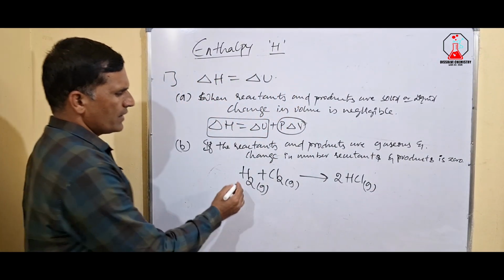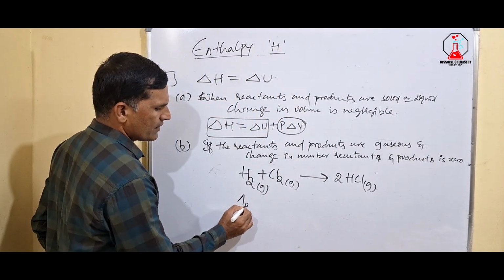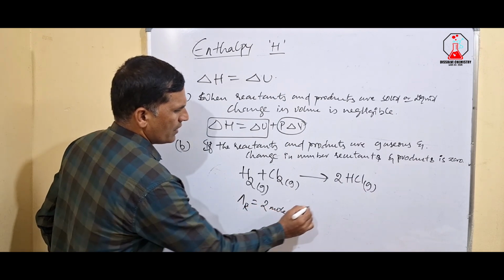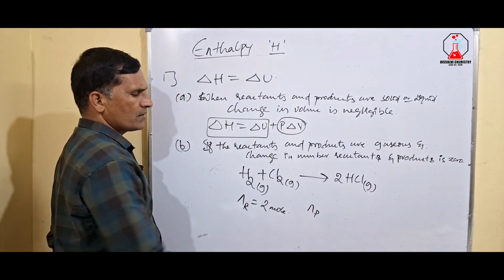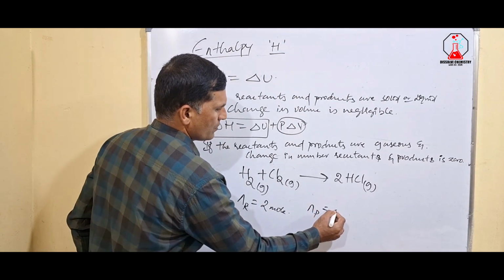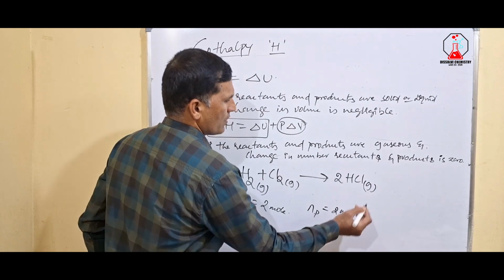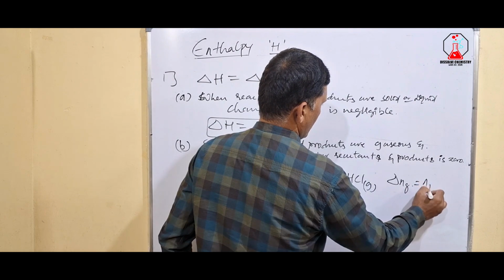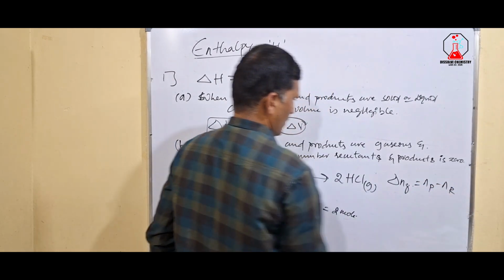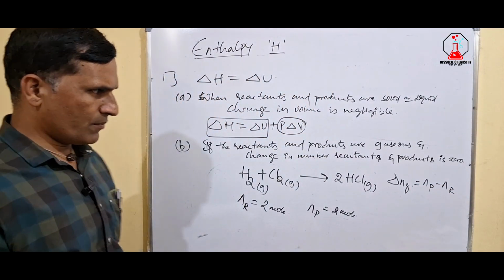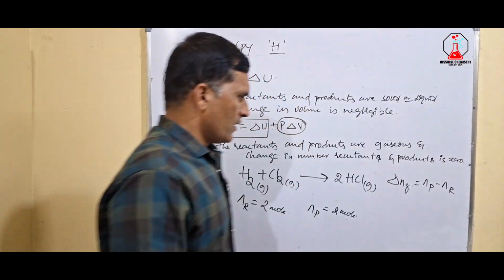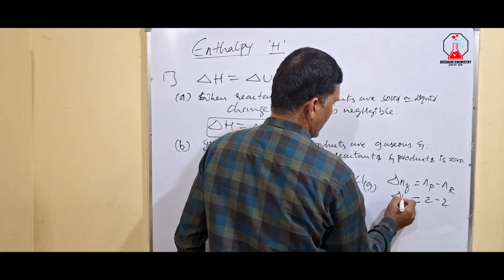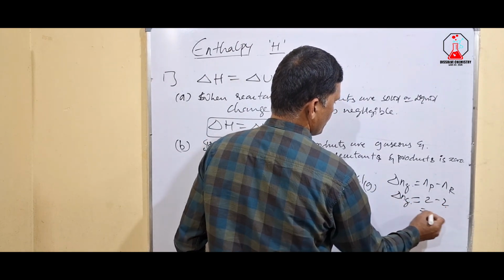Now the number of moles of gaseous reactants will be how much? It is equal to 2 moles, and the number of moles of gaseous products is equal to how much? 2 moles. So therefore delta Ng is equal to Np minus Nr, number of moles of gaseous products minus number of moles of gaseous reactants. You substitute 2 minus 2, so delta Ng is equal to 0.